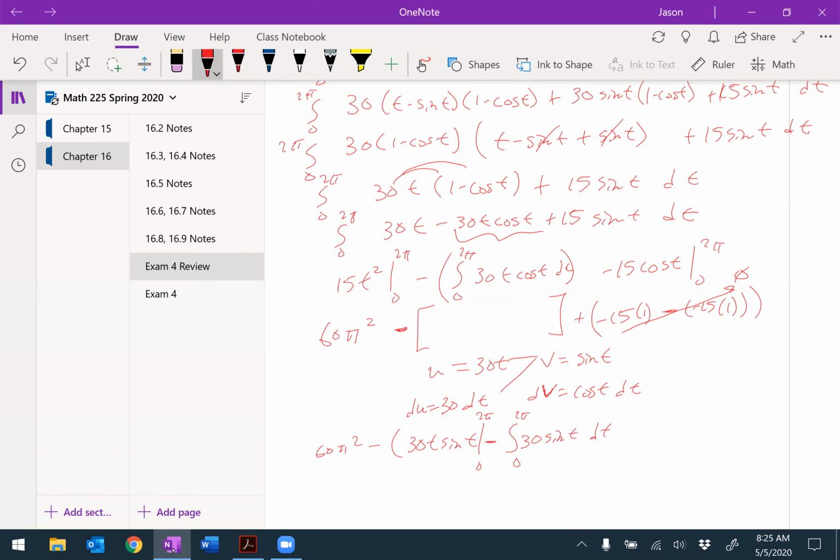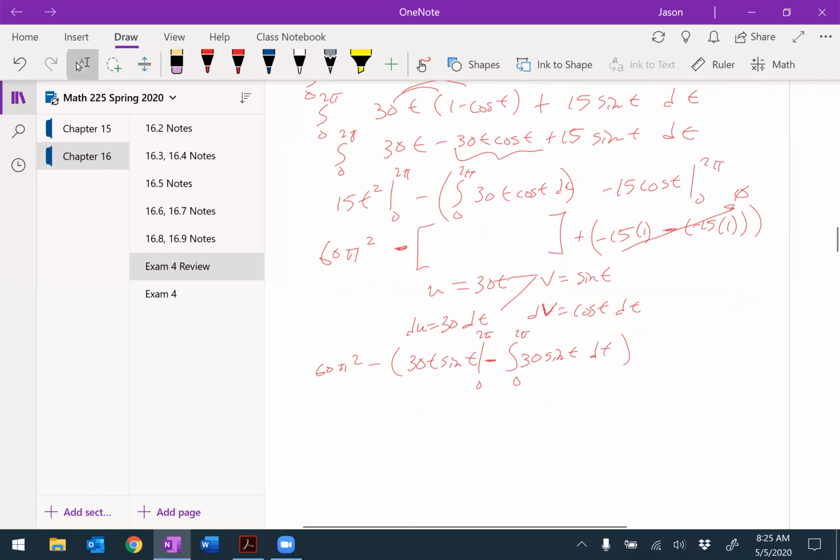So 60 pi squared minus, and then the sine of 2 pi is 0, and the sine of 0 is also 0, but if you plug in a 0 here anyway, this thing goes to 0.